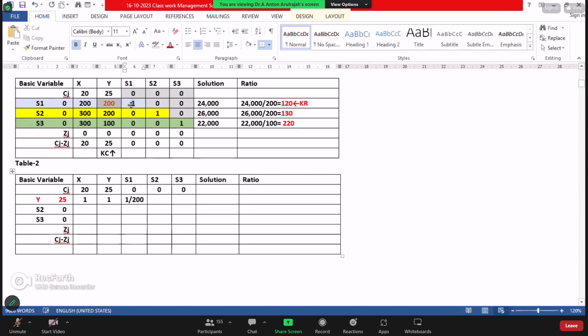Here also 0, here also 0. Here what is the value? 24,000 divided by 200. That is 120.